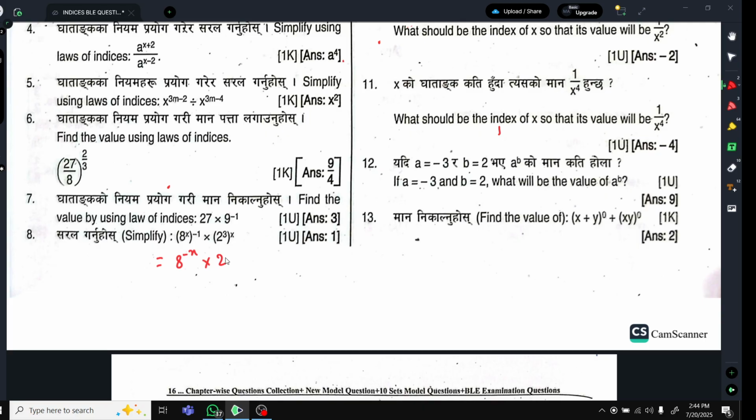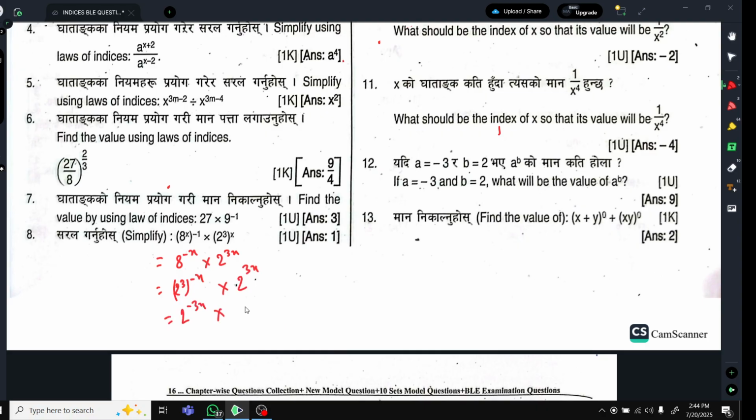Now the factorization form for 8 is 2 power 3, and that will be multiplied by minus x. Over here we have 2 to the power 3x. Now 2 to the power 3 into minus x gives us minus 3x.